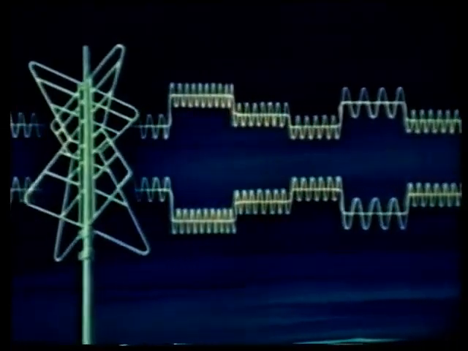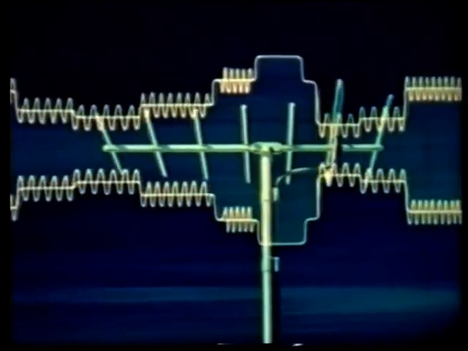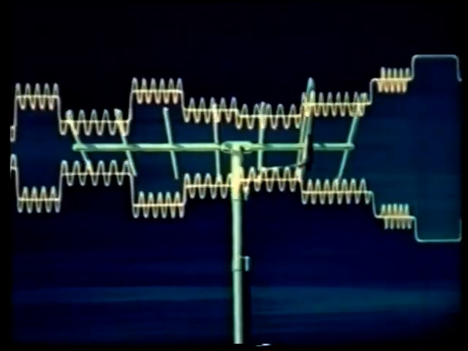For transmission, the color signal and the luminance signal are both modulated on the same electromagnetic wave. Black and white receivers utilize only the luminance signal. But we will now see what happens in a color receiver.